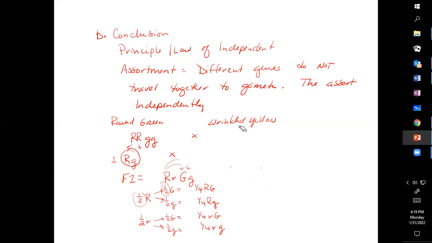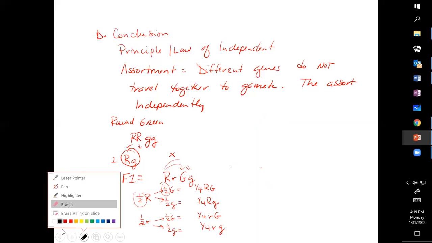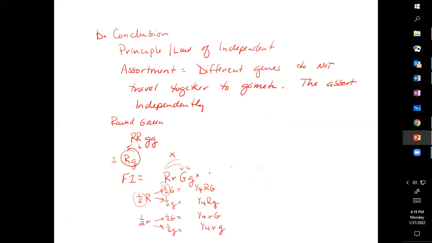Erase this so we can make a little Punnett square to the right of it. So if we took these and did a dihybrid cross, these would be the gametes produced by each of these individuals, right? Because they have the same genotype. So we can set this up in a Punnett square.